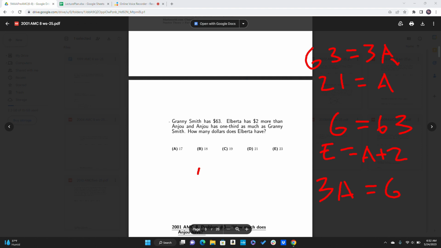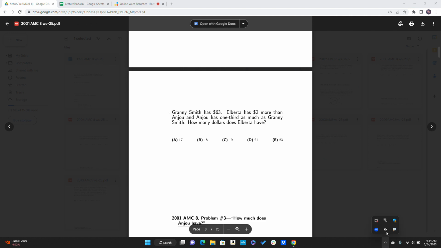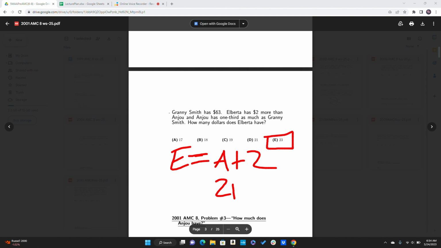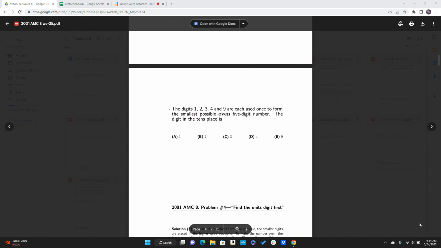Okay, and then using our second equation, E equals A plus 2, and A is 21. E equals 21 plus 2, which is 23.